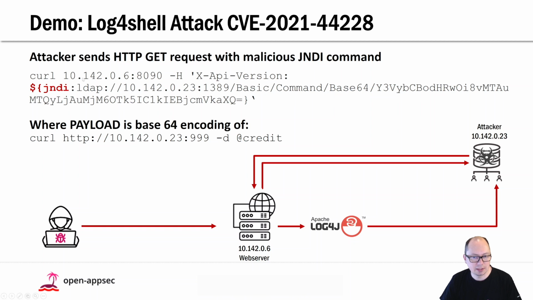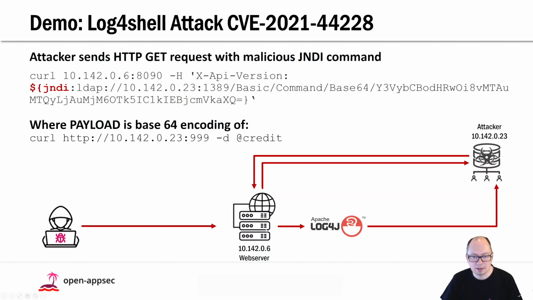So he is contacting this web server at the address .0.6, and he sends this header with the Log4Shell exploit, asking the Log4j module to connect to an LDAP server, which is this one. You can see it visualized here, and this one is actually owned by the attacker.